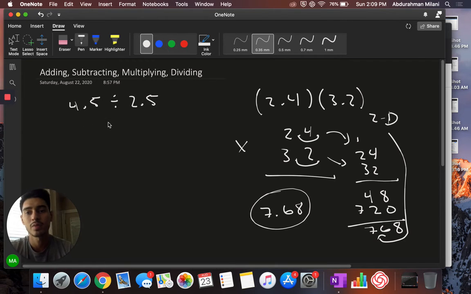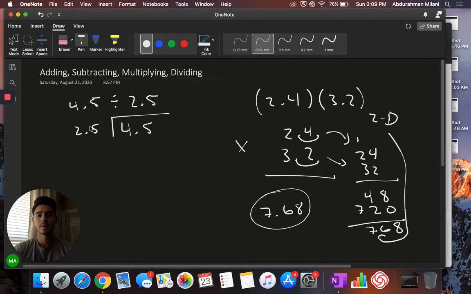So the first thing we can do is rewrite that as 4.5 and 2.5. The best part about this is you don't even need a calculator for any of this. So we have 2.5, and you're going to try to see how many times that goes into 4.5.